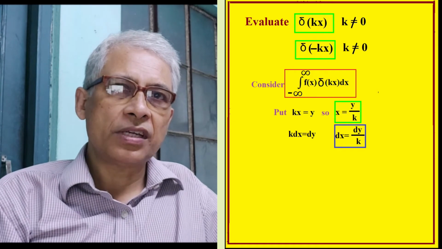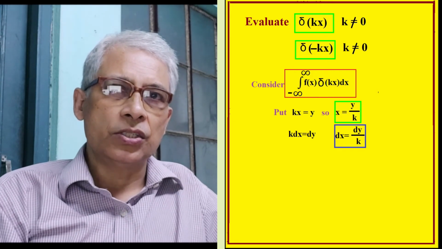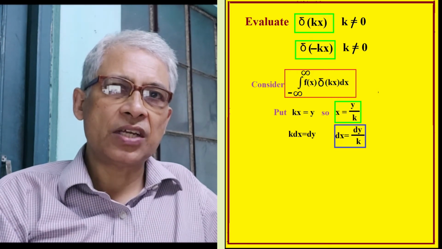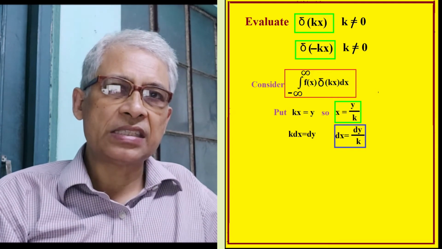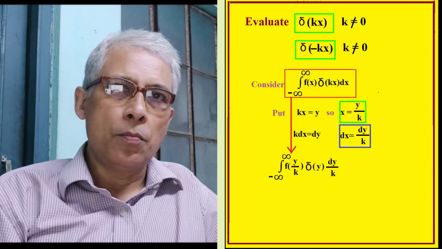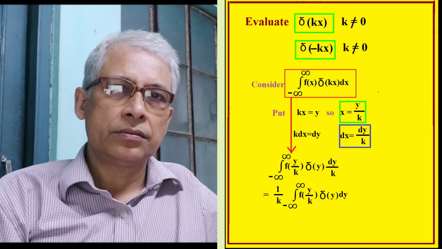We put y for kx with the aim of shifting from variable x to the new variable y. The relations between x and y have been shown and that between dx and dy evaluated. Now make these substitutions in the original integral.